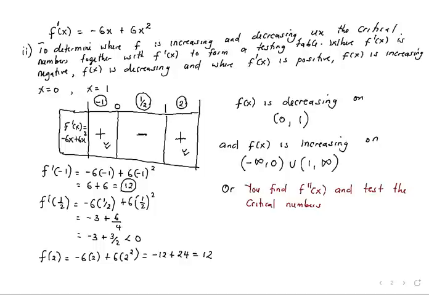I'll mention this as an alternative when we are doing the classification. For now, I want you to pick this one, but I'll mention the second one as an alternative when you're doing the classification.